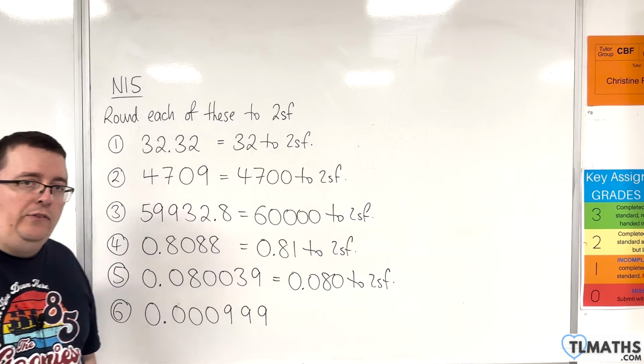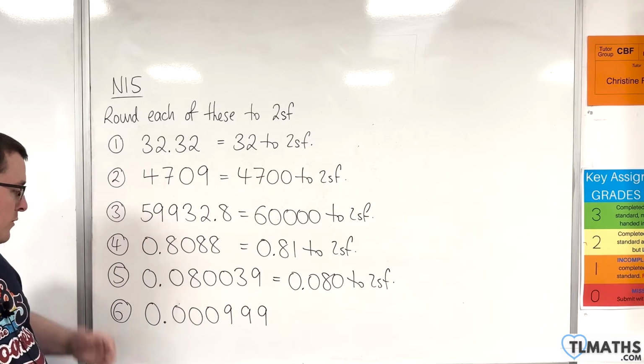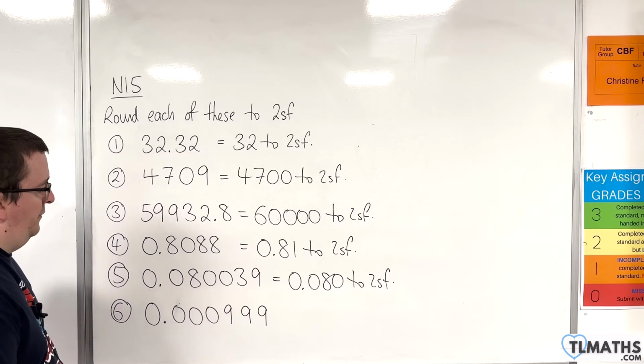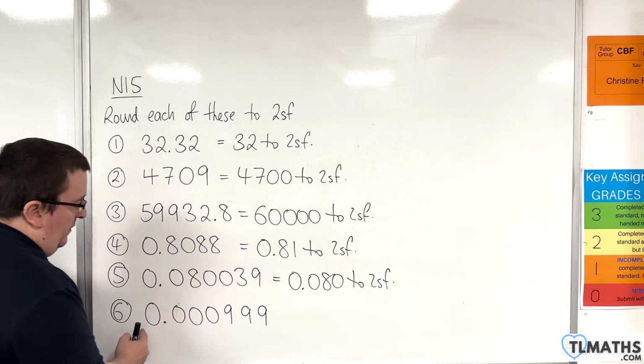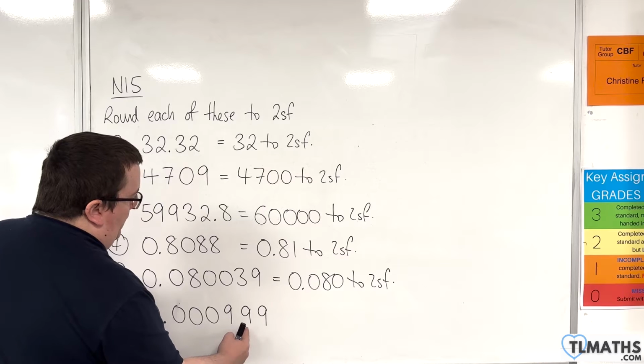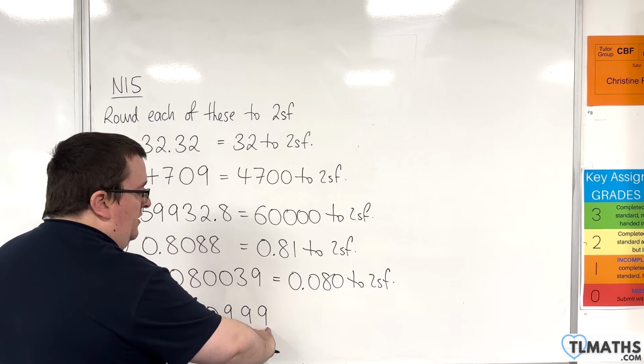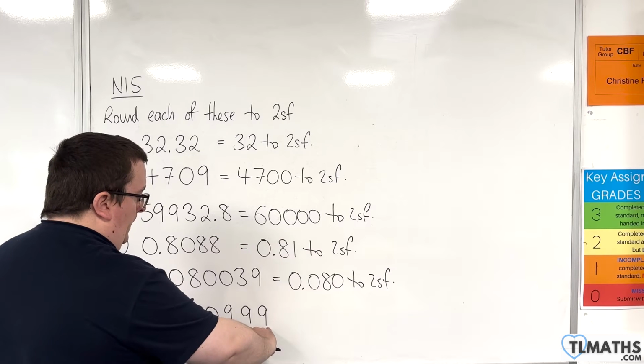Now number 6 is a little bit more interesting. 0.000999. We need to round it to two significant figures. So the second significant figure position is this 9 here. The number to the right is 9, so we're going to round this up.